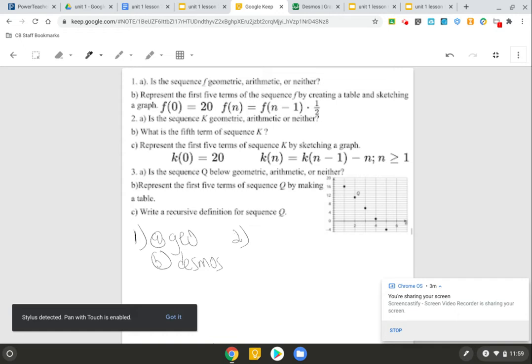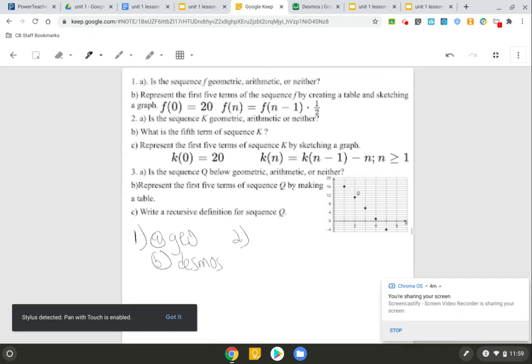At first glance, this may look like an arithmetic sequence because of the subtraction, but there's a problem. Arithmetic sequences require us to add or subtract the same number each time. In this case, we're not subtracting the same number. We're subtracting n.